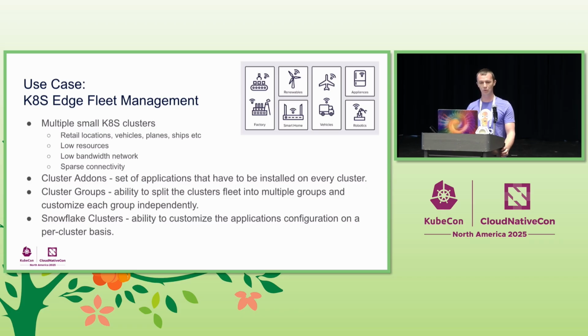All of those teams are doing a very similar set of tasks. They want to install so-called cluster add-ons, which is a small set of applications that need to be installed on all clusters. They prefer to minimize the amount of management they have to do, so it's not hundreds of repositories. It's usually one Git repo that represents the state of all of those clusters.